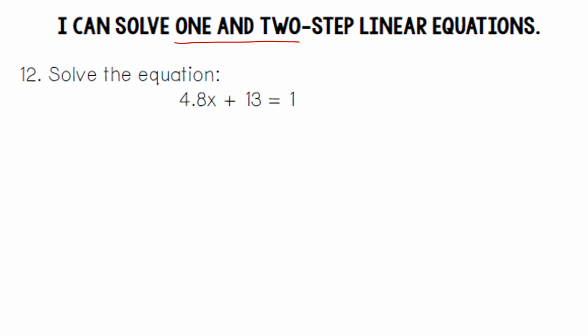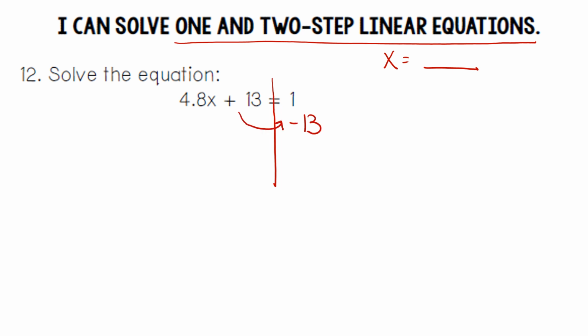For number 12, we're still solving the equation, so we're going to end up with x equals and a value for our answer. Draw your line down your equal sign to separate your sides, and start with the piece that's not the variable. So we're going to start with our plus 13. We do the opposite. We do the minus 13. 1 minus 13 is going to give us a -12.